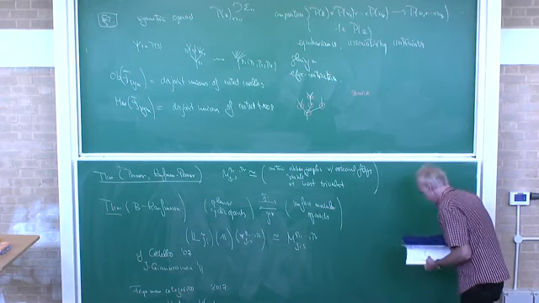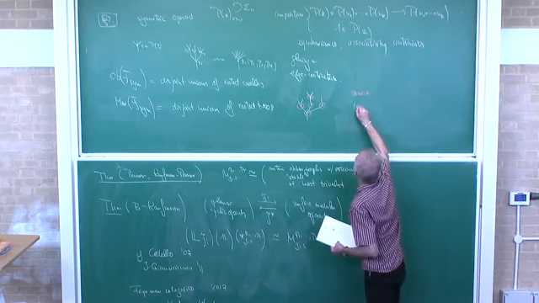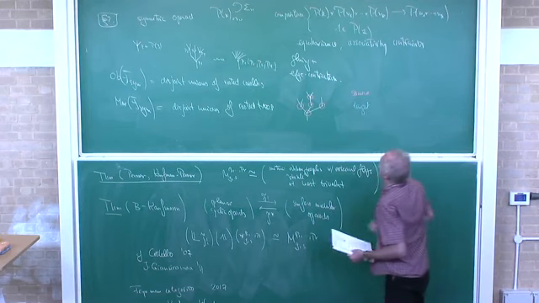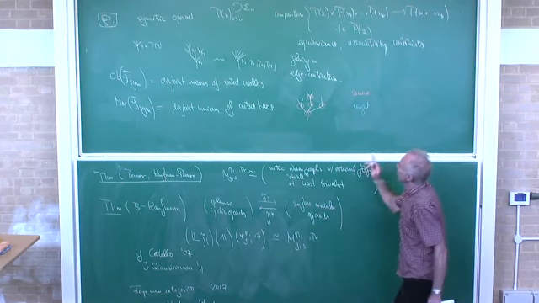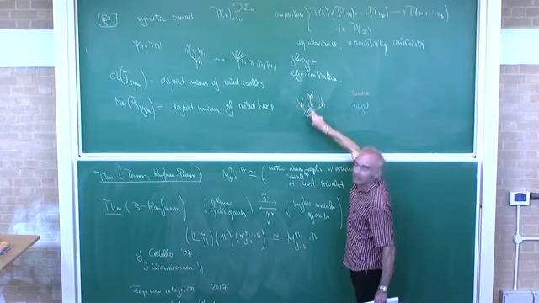And the target is given by the corolla you obtain when you contract all internal edges.